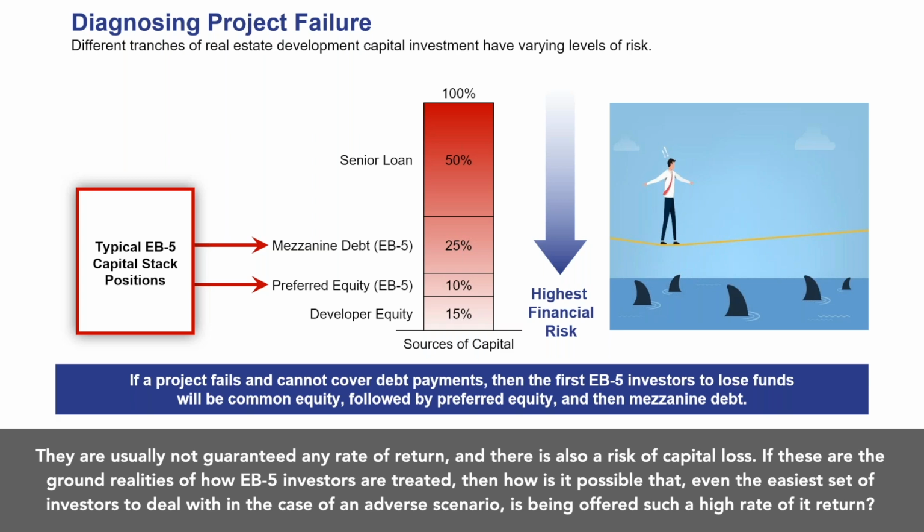If these are the ground realities of how EB5 investors are treated, then how is it possible that even the easiest set of investors to deal with in the case of an adverse scenario is being offered such a high rate of return?